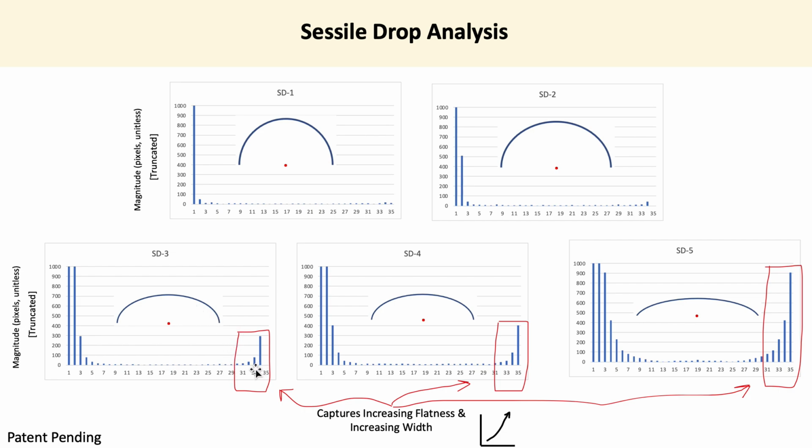As you see in shapes 3, 4, and 5, as the droplet flattens and widens, the last 3 to 4 bins show an increasing exponential pattern. That exponential pattern captures the fact that the shape is widening and flattening at the same time, and it is this pattern that allows the investigator to create an index.